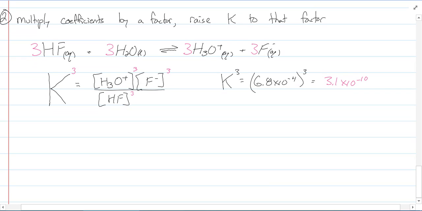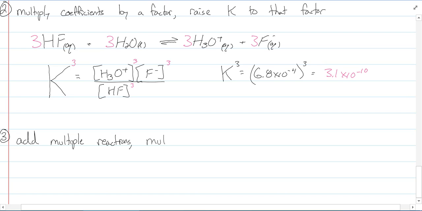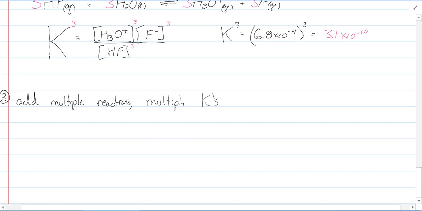And the reason we want to do that is because the third way to manipulate K is when we add multiple reactions, we multiply Ks. Well, why would I do that? Well, let's look at one. HF, water, going to hydronium and fluoride.